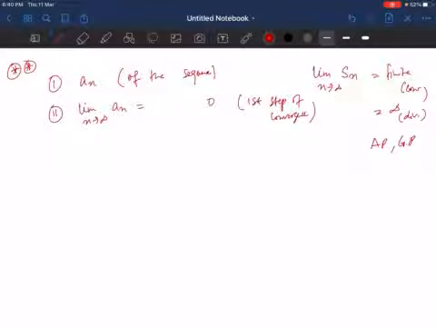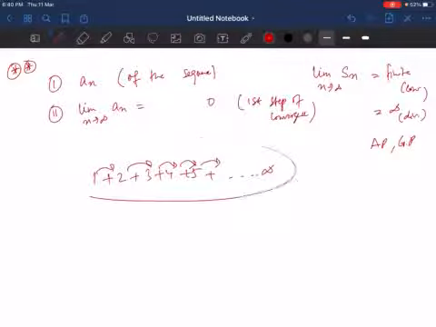When I add terms like 1 plus 2 plus 3 plus 4 plus 5 and so on, each and every term is increasing. If you add increasing terms to an infinite number of terms, we can directly say that the sum will be divergent.